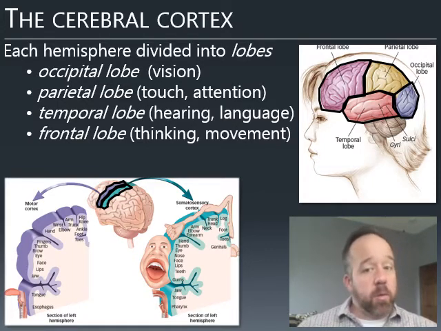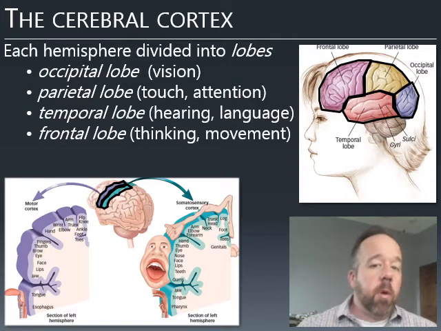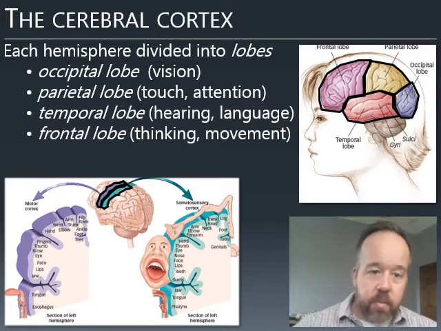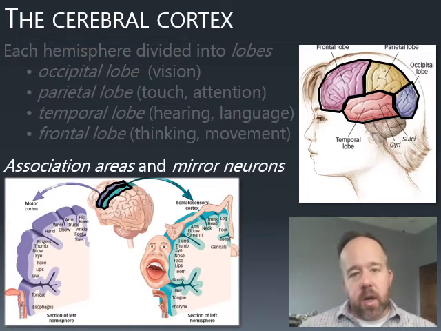When those neurons are active, that body part moves. Similarly, if you want to move part of your body, and you move your arm, for example, the part of motor cortex that corresponds to your arm will become active. So again, there's this mapping between parts of the body and parts of the cortex, in this case, motor cortex in the frontal lobe. There's some other interesting aspects to cortex. There are what are called association areas.